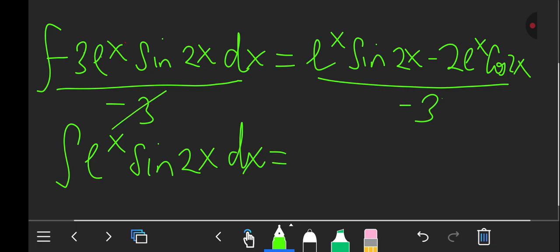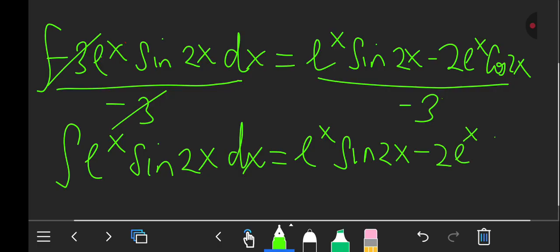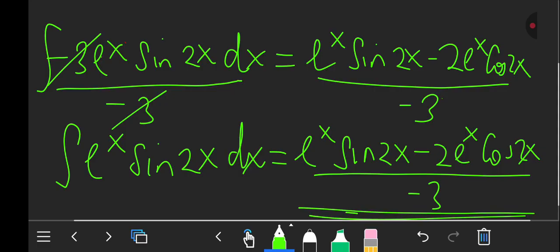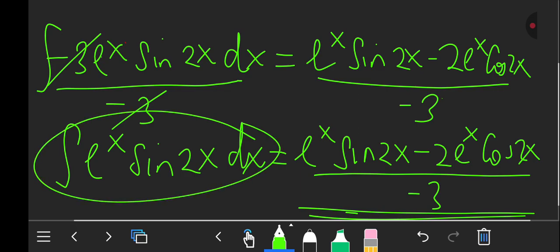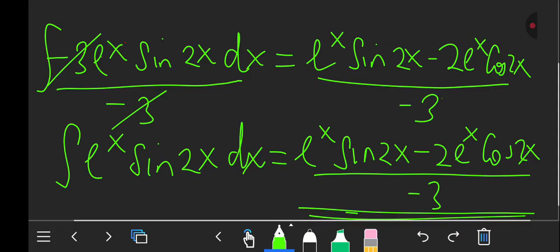This will now be equal to, negative 3 divided by negative 3 just gives 1. So we'll have e to the power x sine 2x minus 2 e to the power x cos 2x over 3, which is negative 3 over negative 3. So that is our answer. So we've found the integral of e to the power x sine 2x with respect to x.